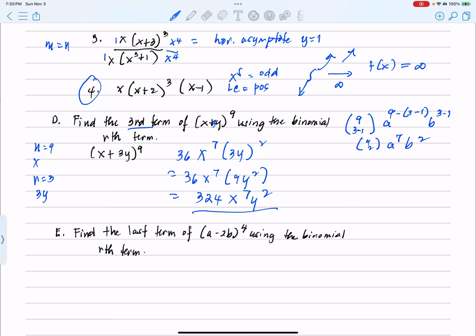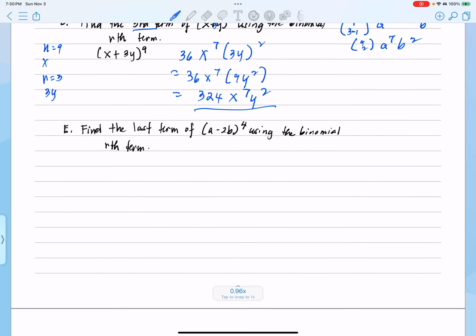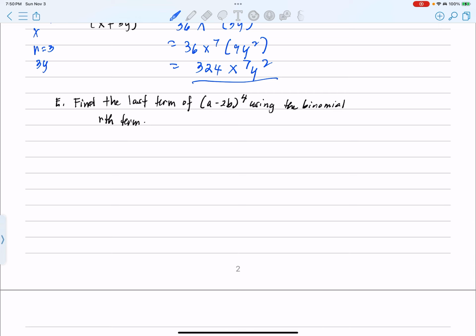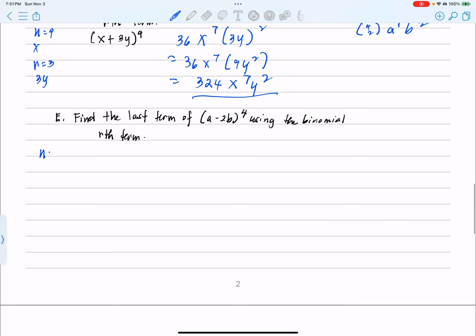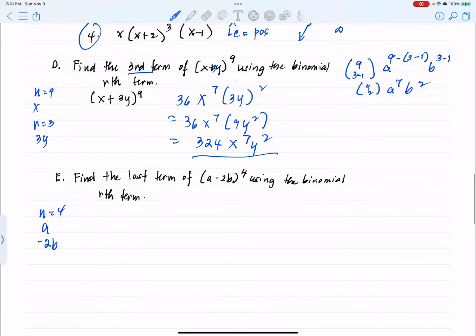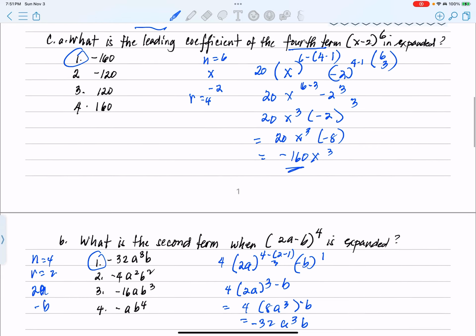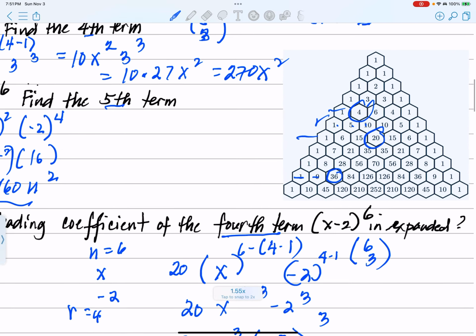Okay, that's it. And the last, we have a minus 2b, and the r, the last term, fourth. Let's look at n is 4. The first term is a, the second term is 2b. Let's look at what the last term would be. How many terms are there in row 4? Let's look at row 4. 1, 2, 3, 4, 5.